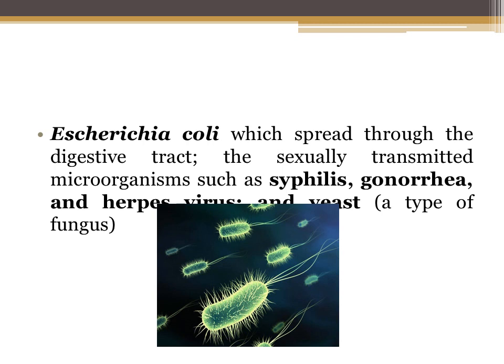Now, E. coli is actually a bacteria in the digestive tract, but it can be sexually transmitted. So once the E. coli is transmitted sexually, it can form syphilis, gonorrhea, and herpes virus, and also yeast.